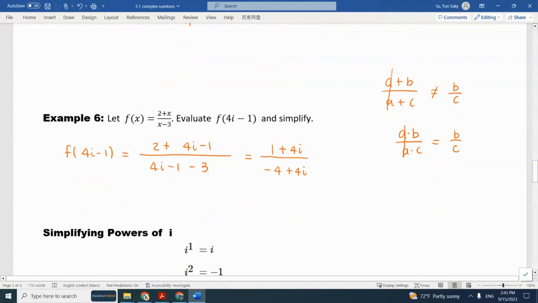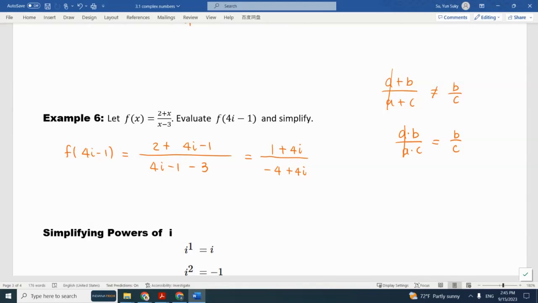So now simplify means you want to get rid of the i in the denominator. Okay? Here, I'm gonna teach you a trick. If we want to use the rules we had before, you want to multiply by the conjugate of this, which is -4 minus 4i.